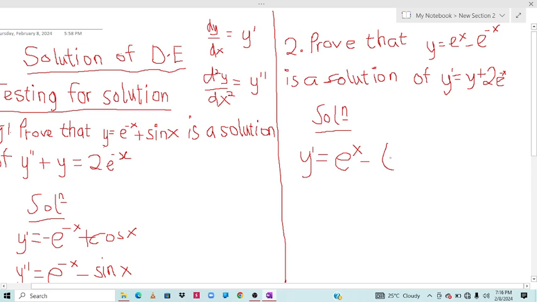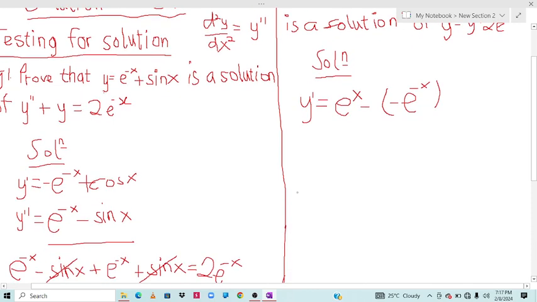So our resulting function is going to be minus e^(-x). So we get y' is equal to e^x plus e^(-x).